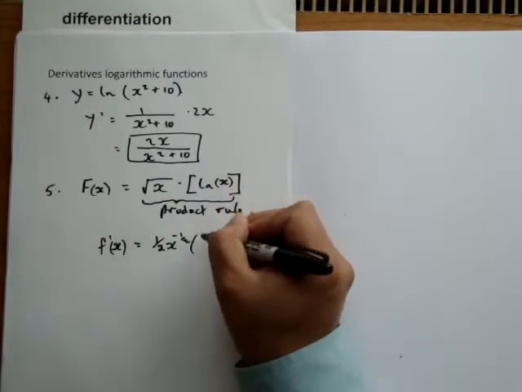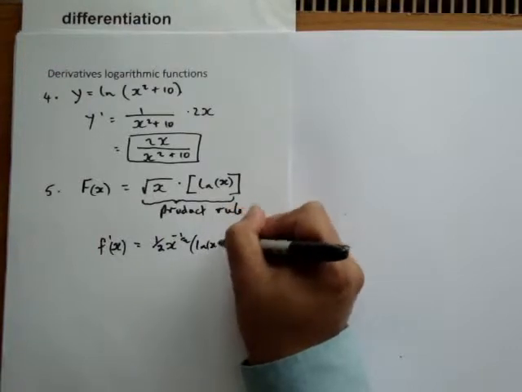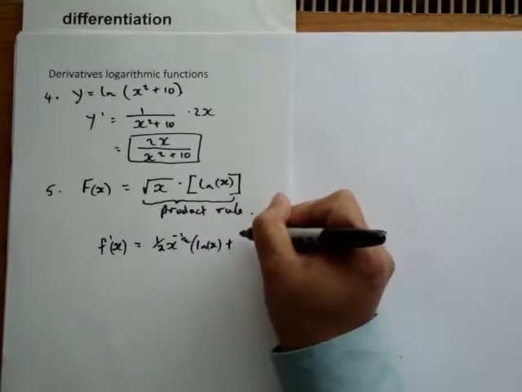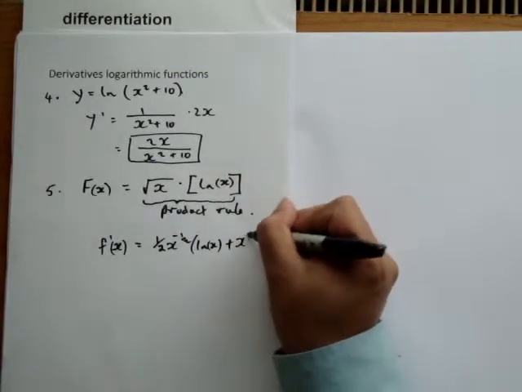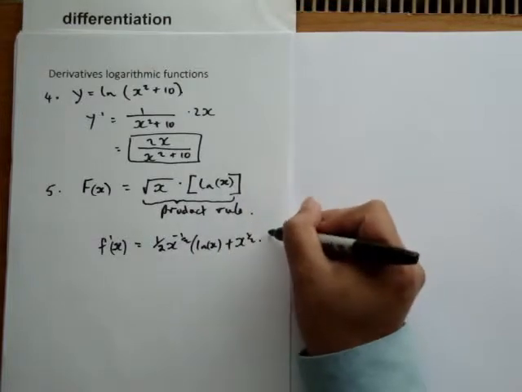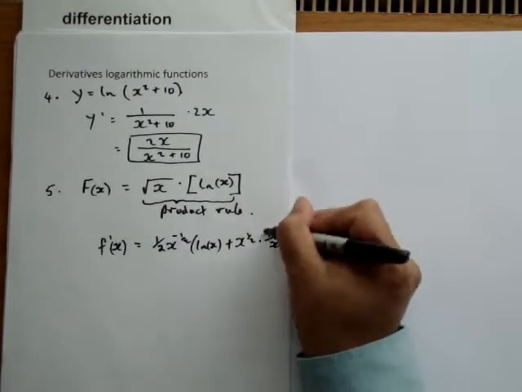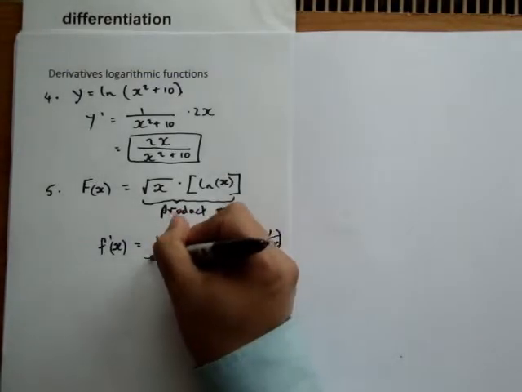So we differentiate the first, leave the second alone, plus we leave the first alone, which is x to the half, and then we differentiate natural log of x, which is 1 over x. And that is your answer.